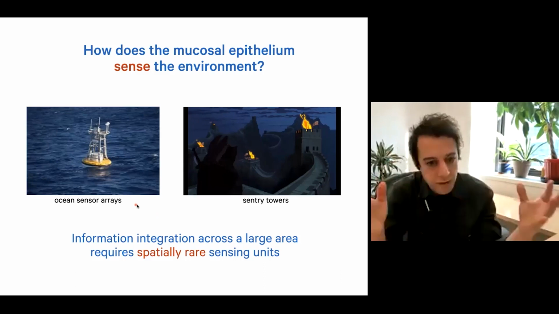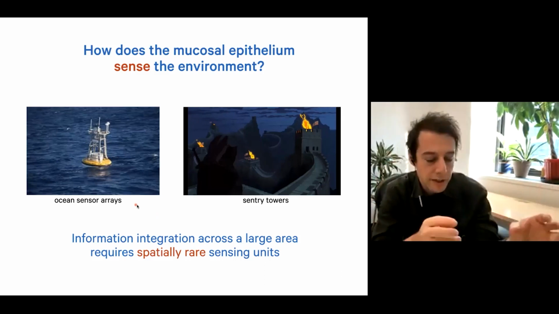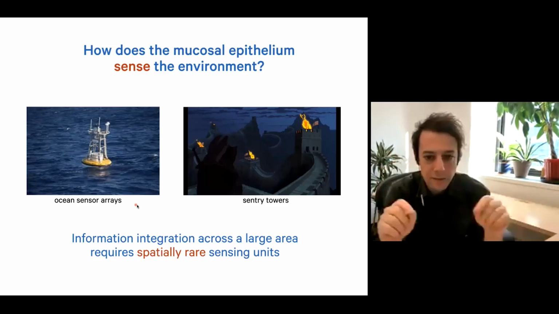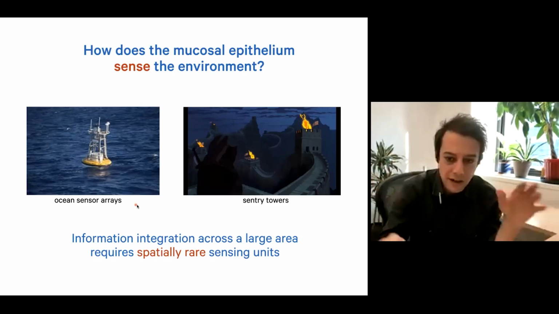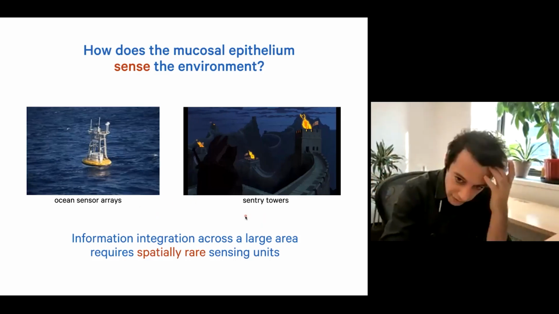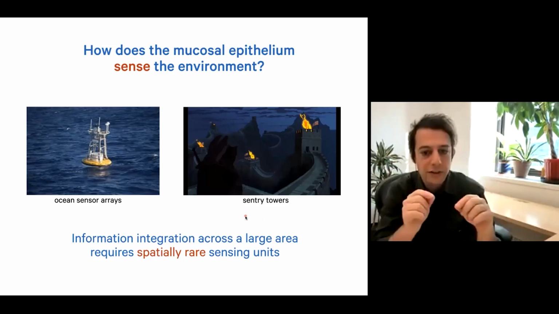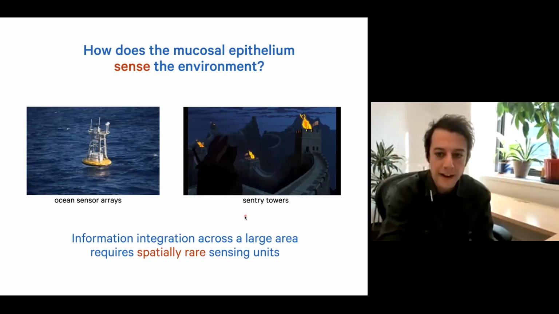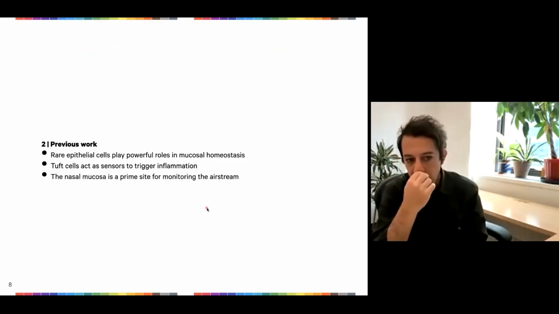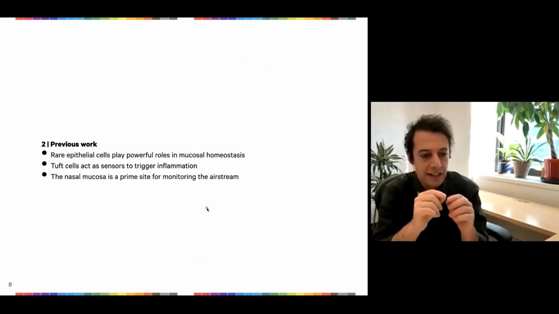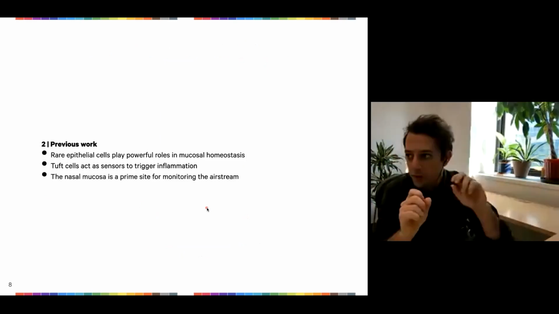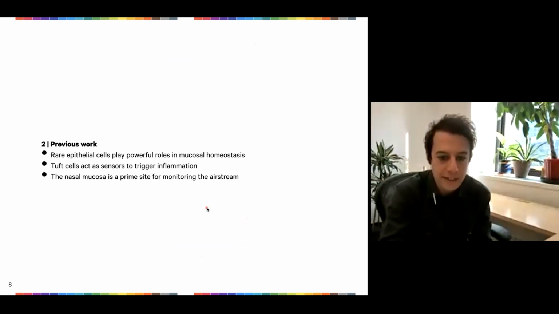So if you wanted to sense information across the whole ocean, you don't put all the arrays in one place, you sort of distribute them sparsely across a large area. And similarly for like the Great Wall of China, for example, the sentry towers are sparse. And that's what we tend to see with epithelial cells, is that there are sort of rare ones which play a particularly important role in sensing.